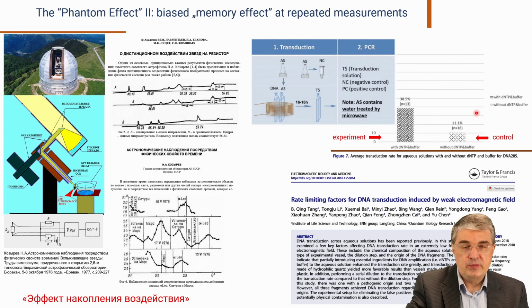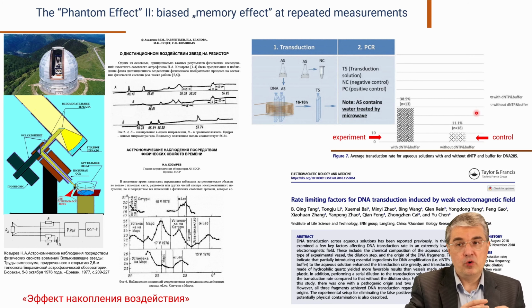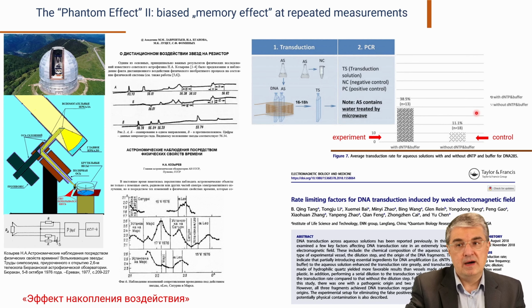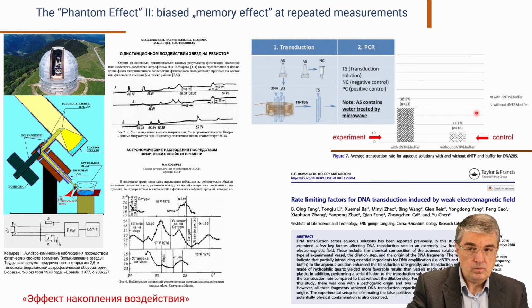One explanation was exactly this memory effect. Performing experiments in the same places, they accumulate this effect of influence, this memory effect, this phantom effect, and this phantom effect affects, in fact, the control samples. It sounds crazy, of course, but later on I will demonstrate a few examples from our experiments and experiments by different groups about this effect.